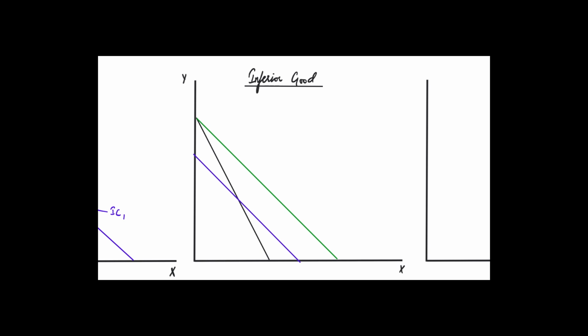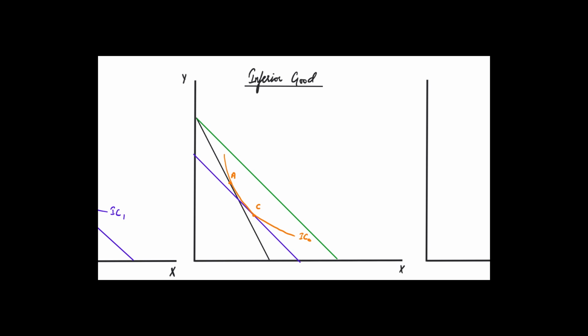This is the point for the original, point A, because it's on the non-parallel line. This will be on the same indifference curve, so this is going to be C.